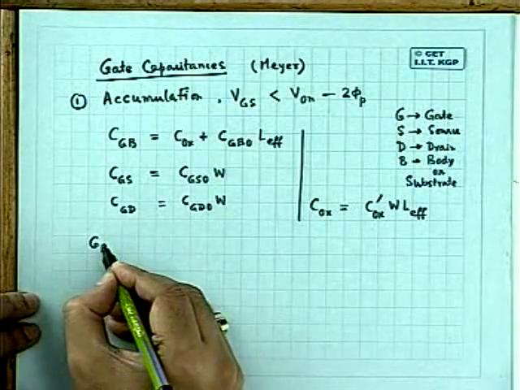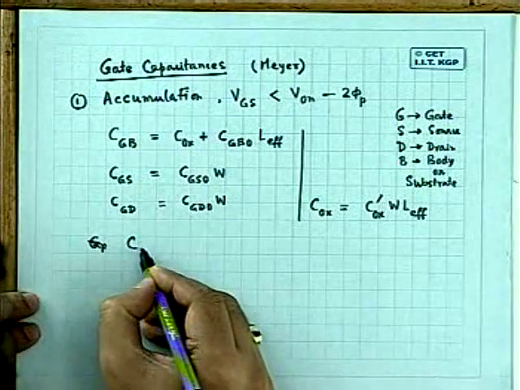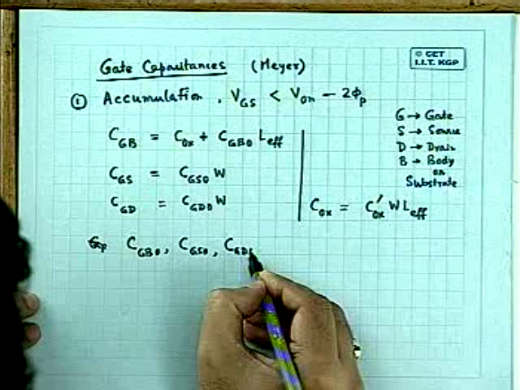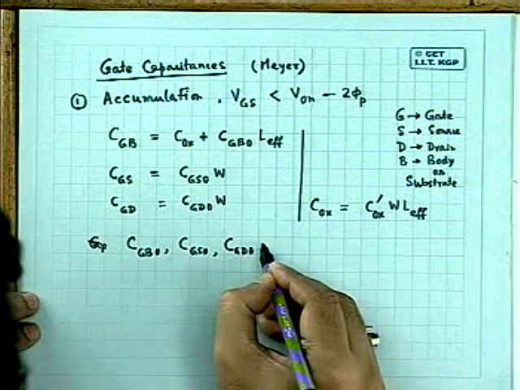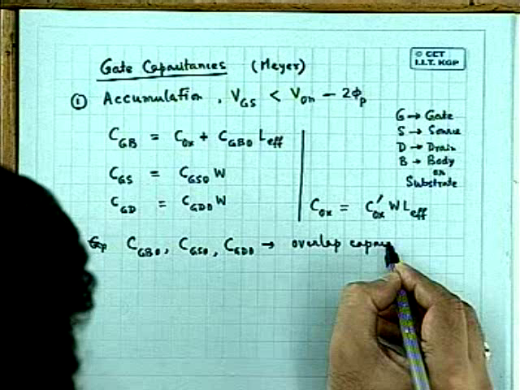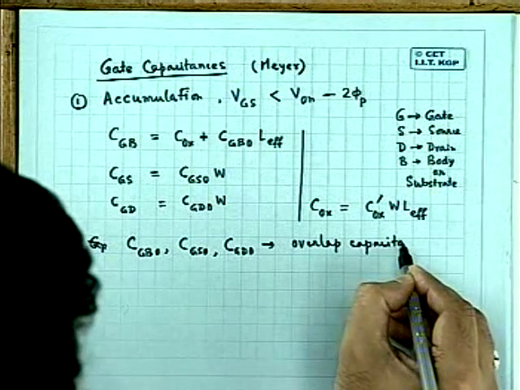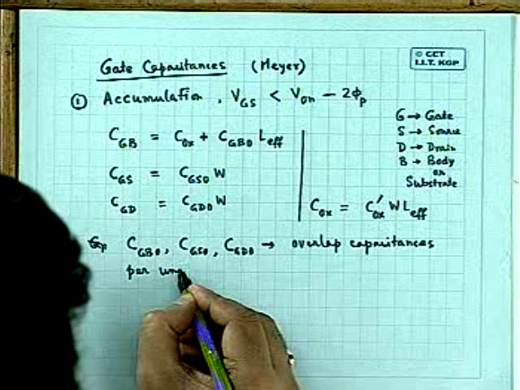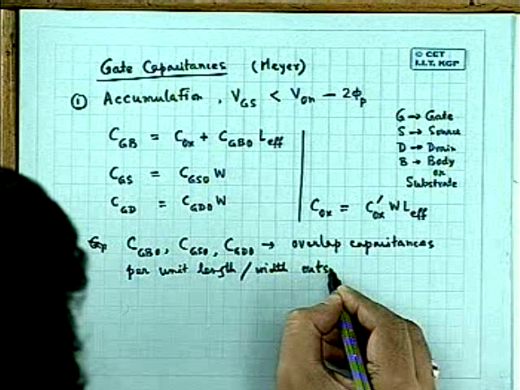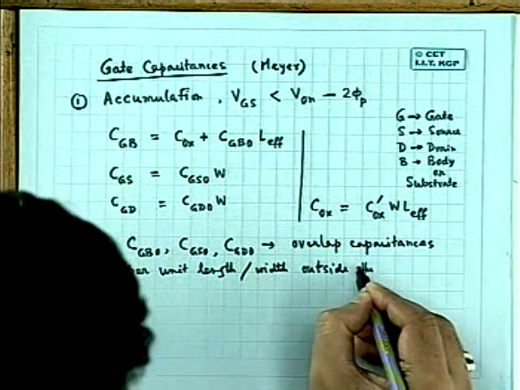CGBO, CGSO, overlap capacitances per unit channel length actually, or width, whatever is applicable, outside the channel.